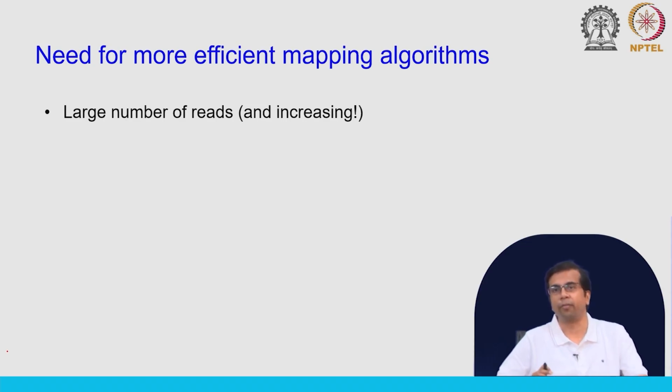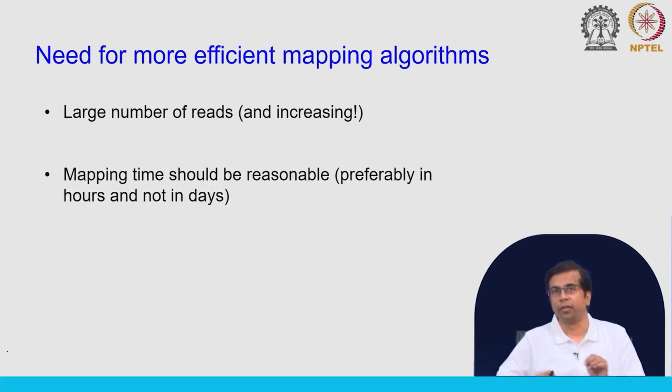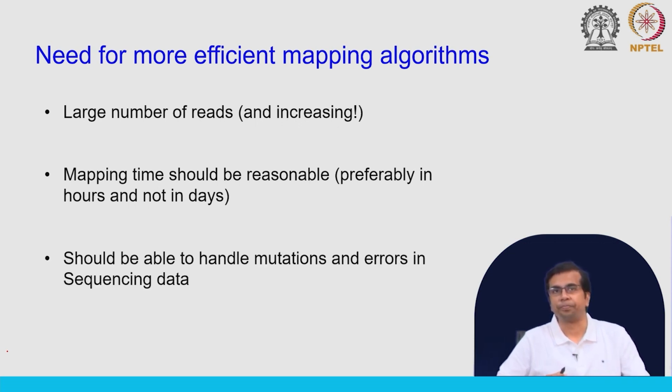So, if you are processing multiple samples, you will probably be handling billions of reads. So, the mapping time for these billions of reads should be reasonable, preferably in hours and not in days, especially not in tens of days. Maybe a couple of days, 3 days for billions of reads, that is probably what we can live with.